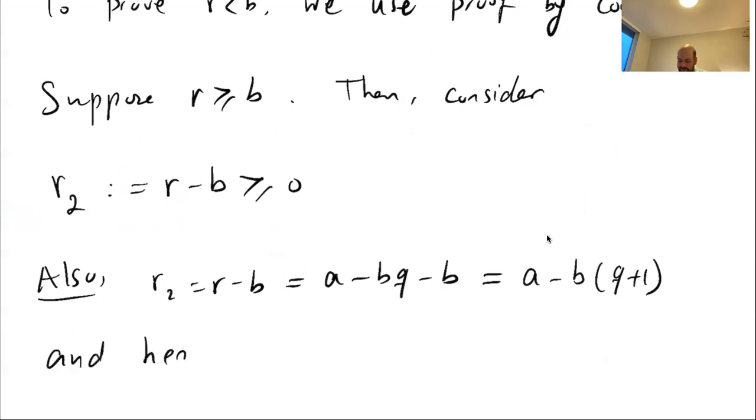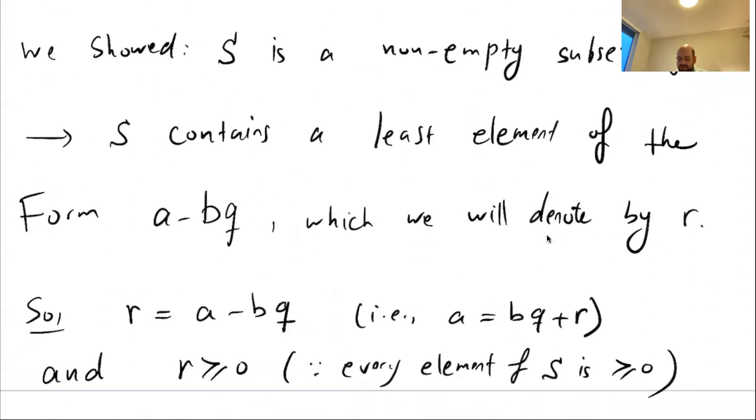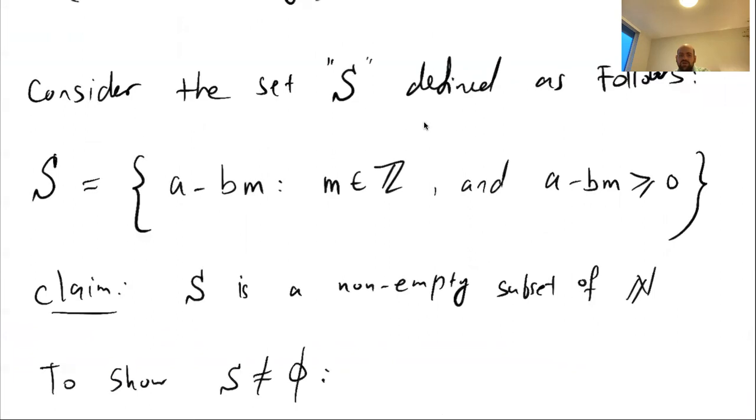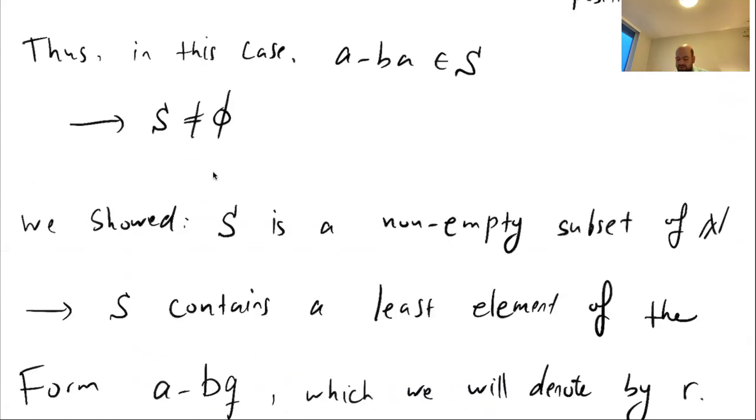And hence, R2 belongs to S. So why can I say R2 belongs to S? Let me remind you, what was S? S was all elements of the form A minus BM, where this number M comes from the set of integers, and the whole expression A minus BM must be bigger than or equal to 0. Now let's look at R2.